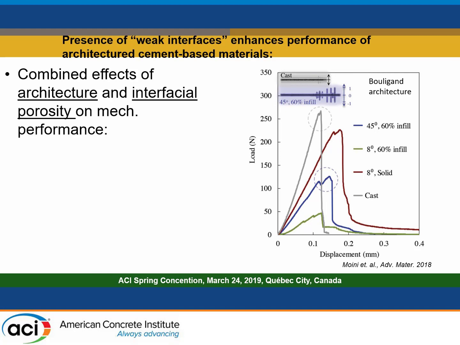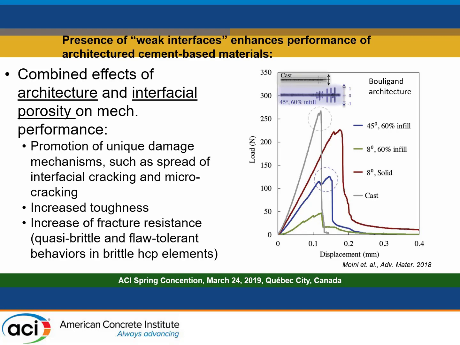So you can see that we have curves, load versus displacement, and we have various architectures there. The Bouligand structure was 45, 8 degrees, solid, 60% infill, and so forth. You can see that some of them are capable of quite a big displacement and a considerable amount of soft failure past peak performance.